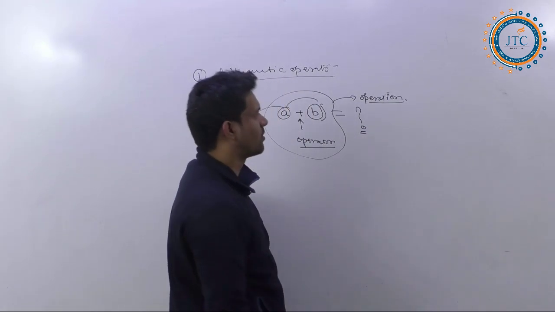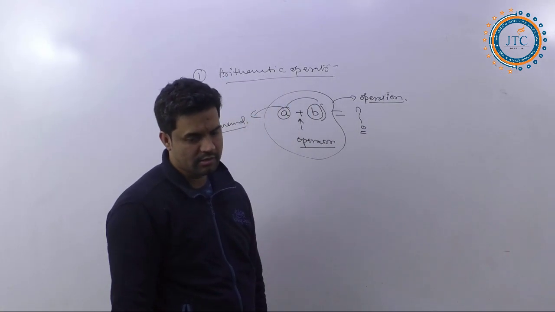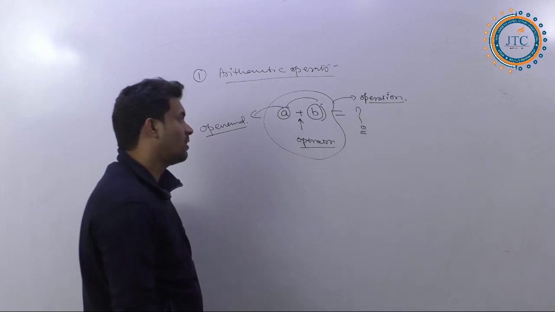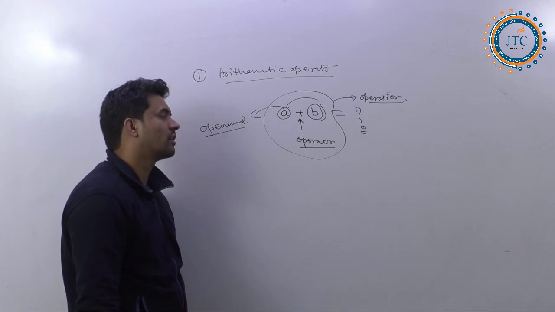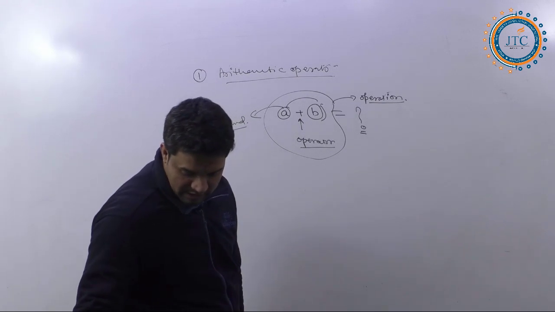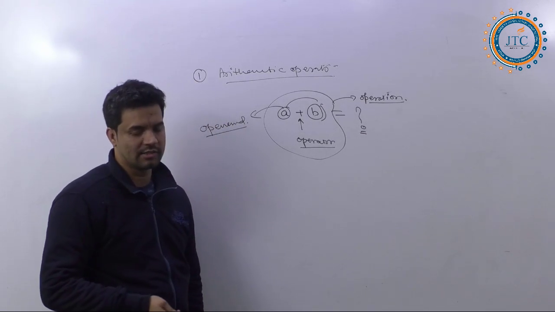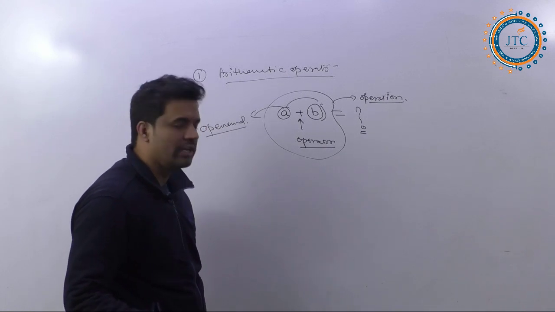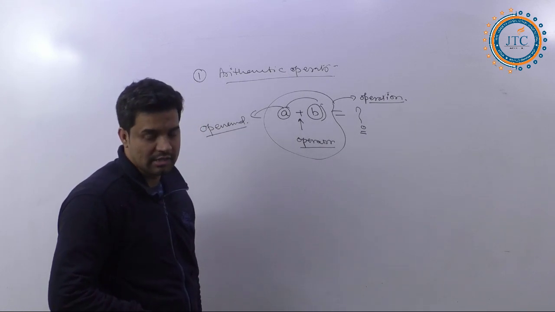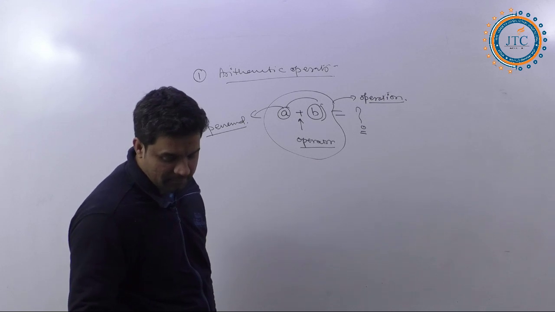So operator, operand, and the complete expression as a whole is the operation that I am writing. This is what we should understand in these cases. Is that clear now?